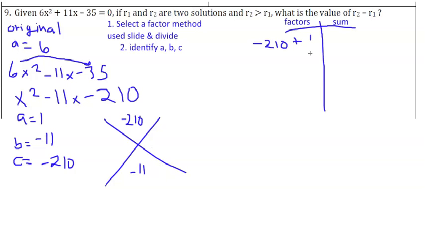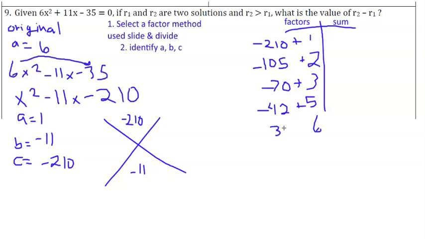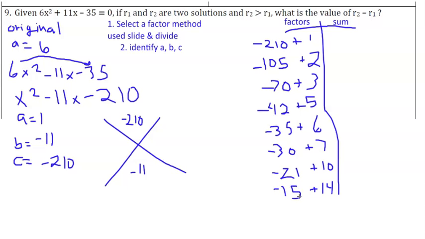So you have 1 and negative 210, 2 and 105, 3 and 70, 5 and 42, 6 and 35, 7 and 30, 10 and negative 21, and then 14 and negative 15.